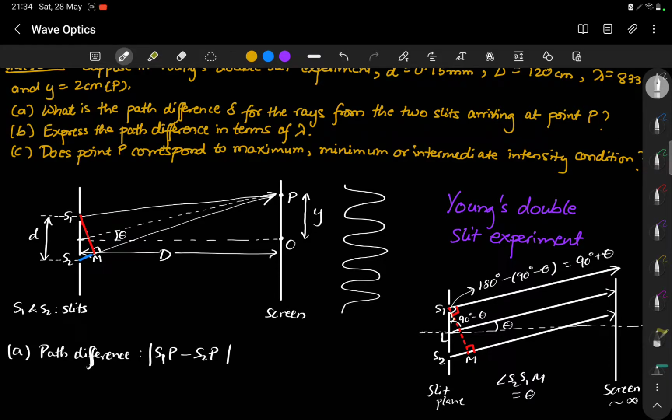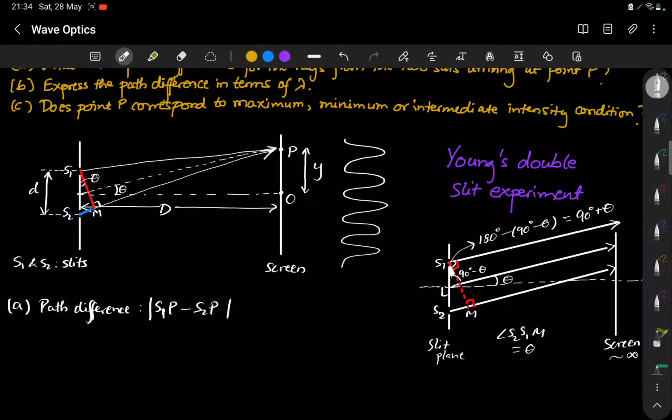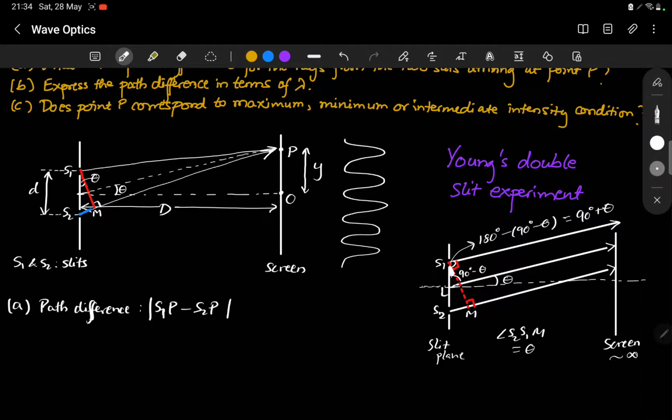This angle over here, this shaded region, is going to be theta. So we have this angle over here is also theta. This is from simple construction, given the fact that the screen is at almost infinite distance away from the slits.